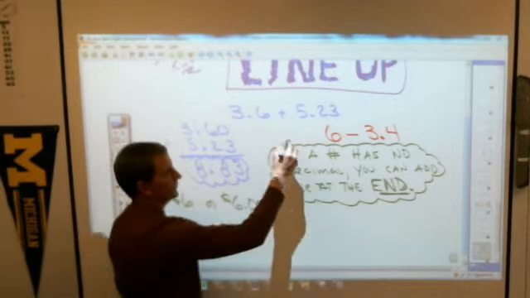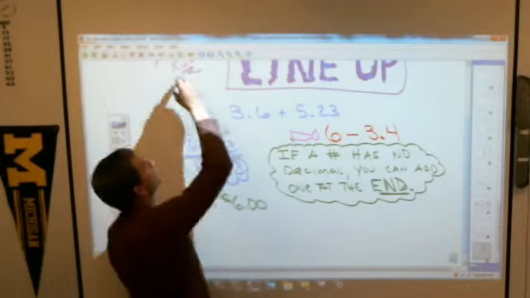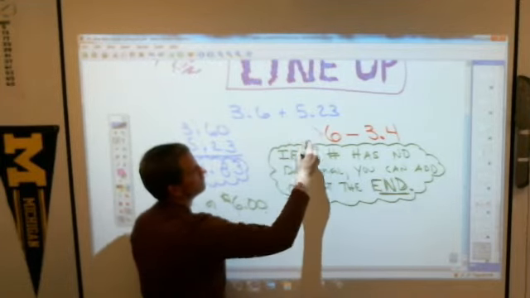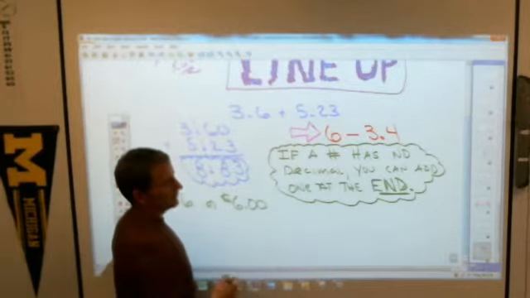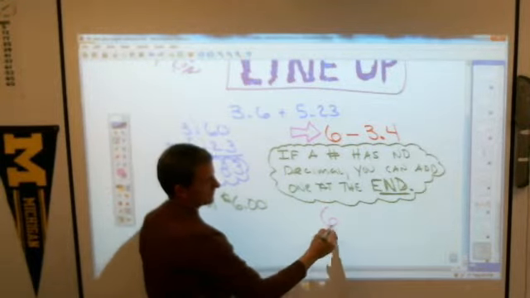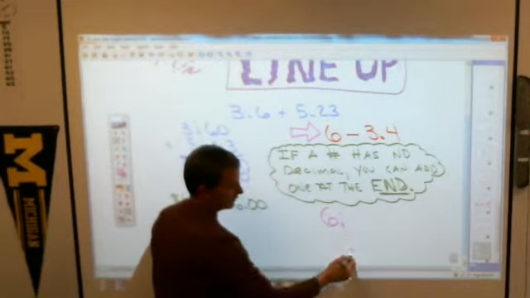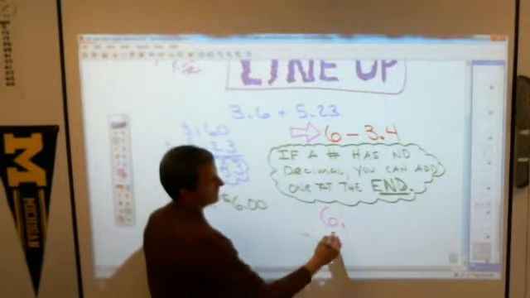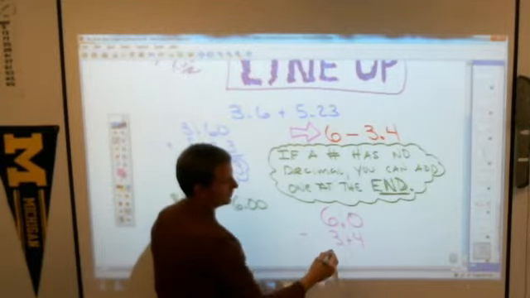So if I was doing this problem, it would look like this. 6 point, and everything else is going to have to line up with that decimal. Minus 3.4. Feel free to add zeros, but you need one there.